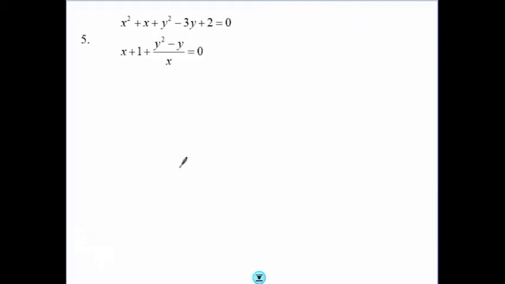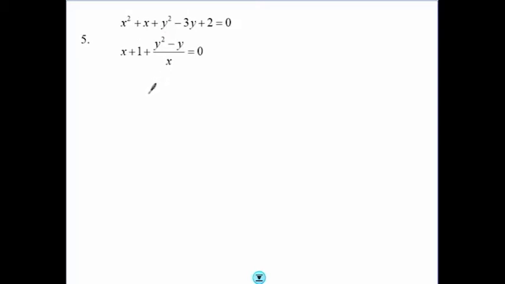Now for problem number 5, it's a little bit more challenging to figure out what type of conic sections these equations are because they're in general form, or close to general form. To solve, I need to get rid of this fraction.